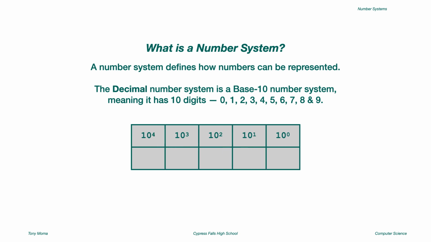I could go on doing this for an infinite number of columns, but it's not needed for me to make the point that I'm trying to make. So for this video, I'm just going to stop at 5 columns. When I simplify each of these exponents, these are the values I get: 10,000, 1,000, 100, 10, and 1.